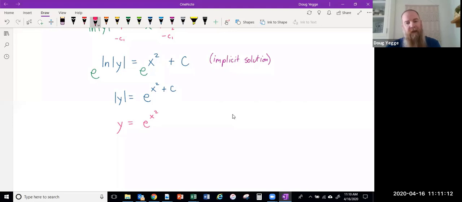Because anytime you have an exponential where you are adding c, you could actually rewrite this by the properties of exponentials as e to the x squared times e to the c. Because wouldn't I combine these together by adding the exponents? But notice that e to the c is a constant.